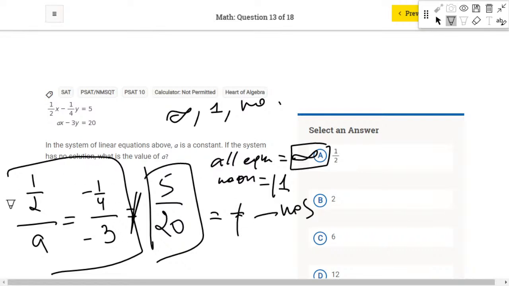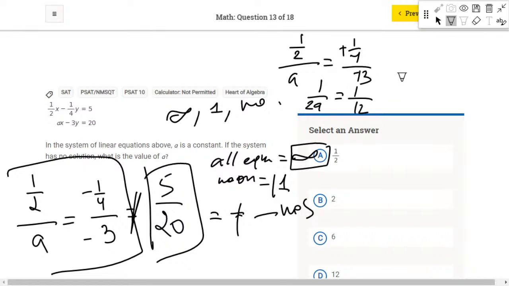So we just check this one. 1 over 2 divided by a equals minus 1 over 4 divided by minus 3. So we get rid of the minus, and we get 2a equals 12. So a equals 6.